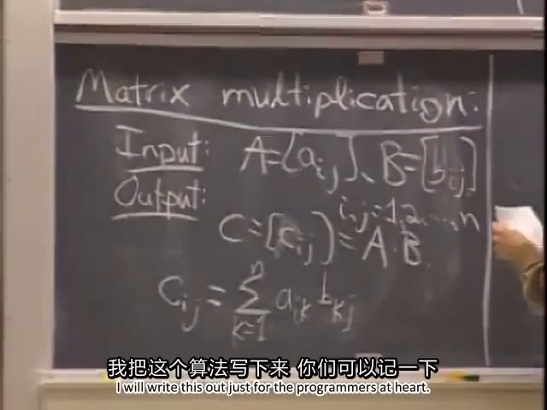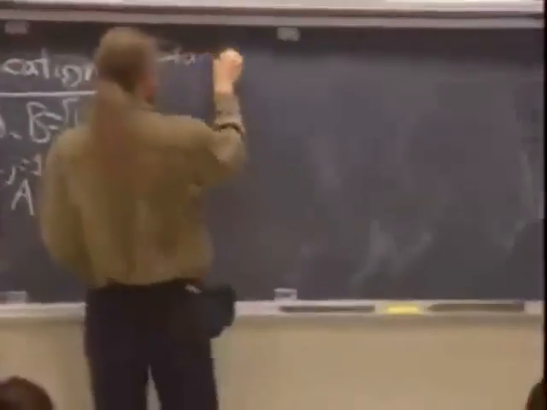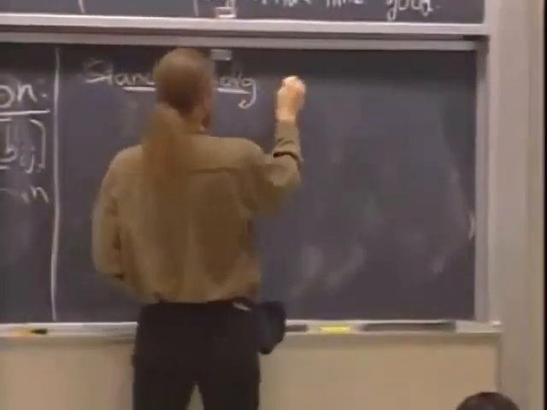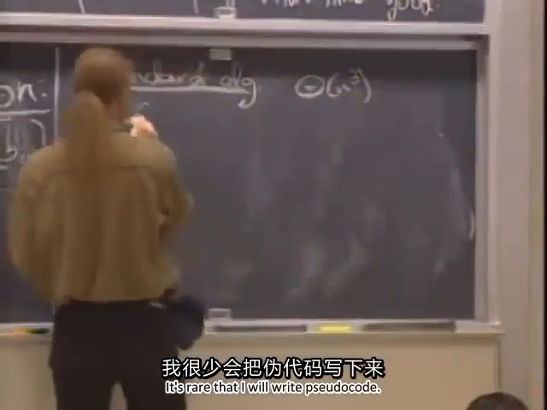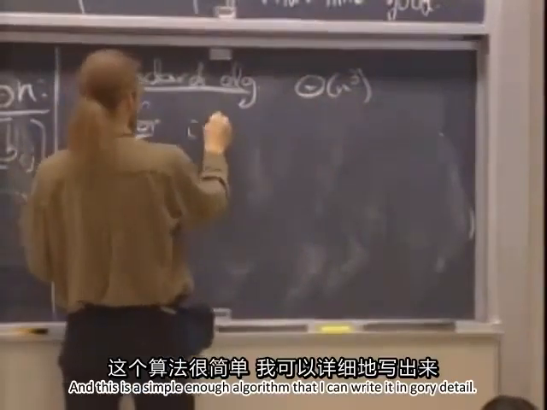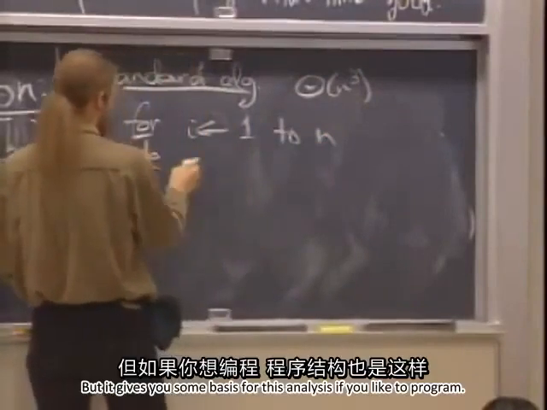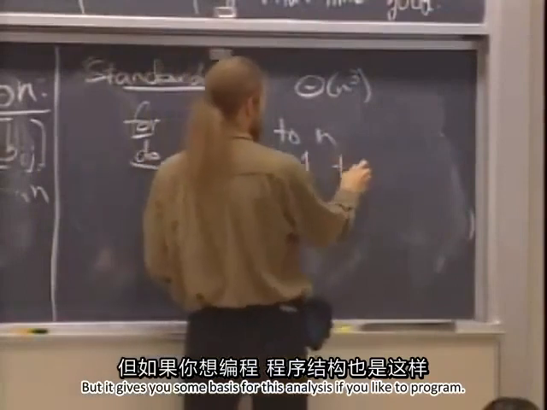We write this out just for the programmers at heart. Here's the pseudocode. It's rare that I'll write pseudocode, and this is a simple enough algorithm that I can write it in gory detail. But it gives you some basis for this analysis if you'd like to program.